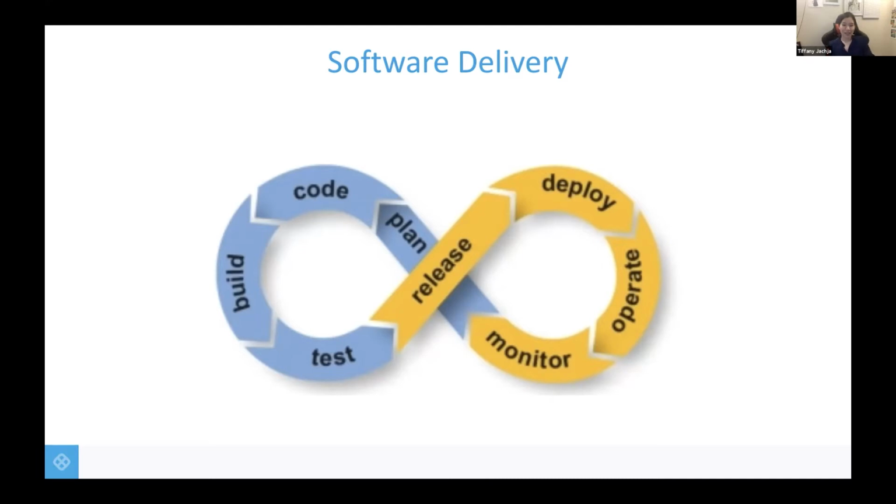And the reason why I included this picture here of the DevOps loop is because we really need to think about how we're operationalizing and monitoring our applications so that it informs our next deployment, or rather our next iteration of work. So it's not just about how you plan and build and test your code and also deploy it, but it's also about monitoring and operationalizing it in an automated fashion so that you can truly reduce risk the next time you're going to deploy.